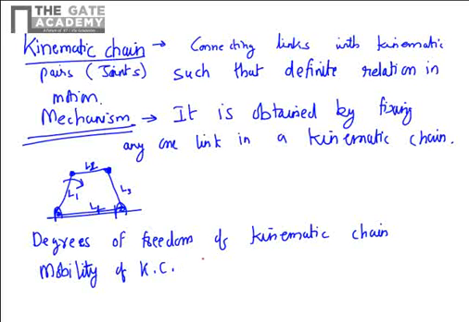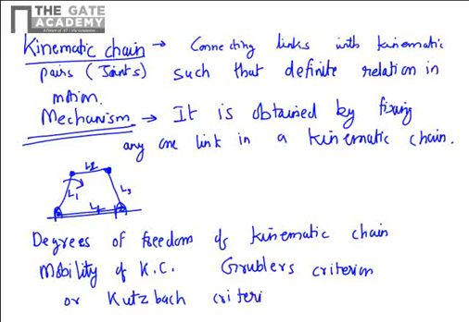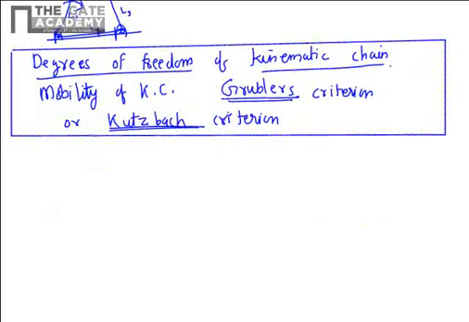Also, this is called Grubler's criterion, or Pushback criterion. This is the method to determine the degrees of freedom of a kinematic chain. So I will be illustrating you a derivation of this criterion.